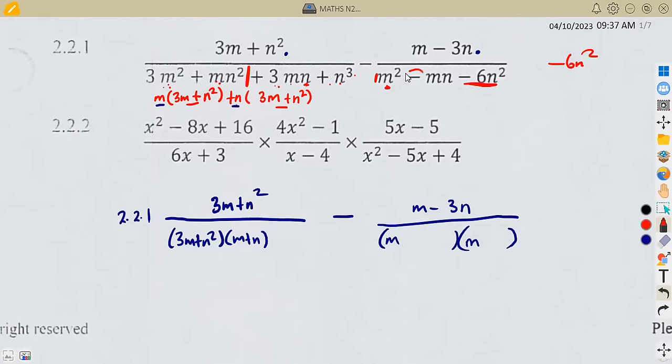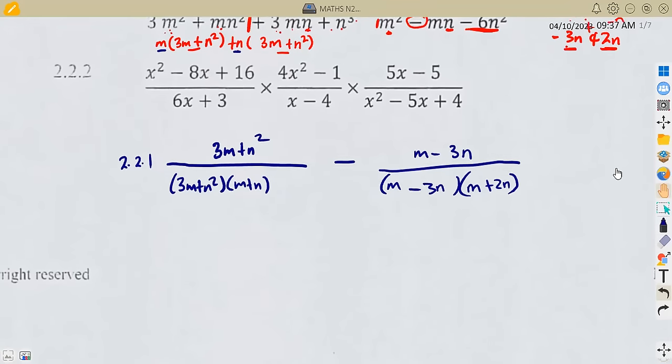When you add, they will give us a negative n. So that's negative 3n and a positive 2n. If we multiply this, that's a negative 6n squared. If we add, that's a negative n. So that's minus 3n plus 2n. So you're going to have here minus 3n plus 2n in this case.